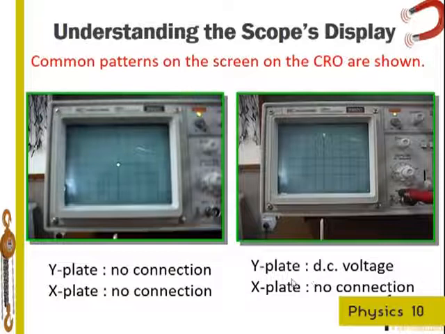Now, if we apply a potential difference across the Y plate, and it's a DC voltage, and there's no connection across the X plate, then the dot will move towards the top of the screen because the DC voltage has been applied, so the spot will move upwards.